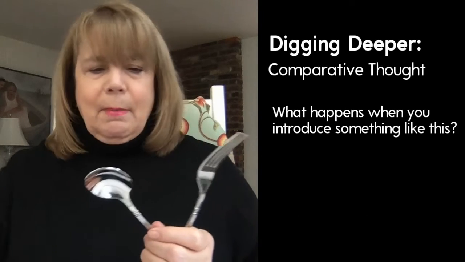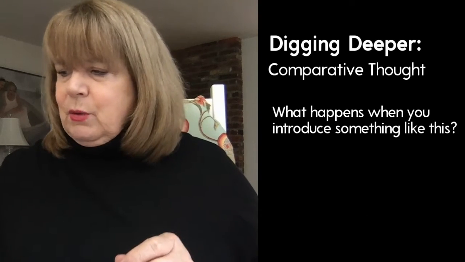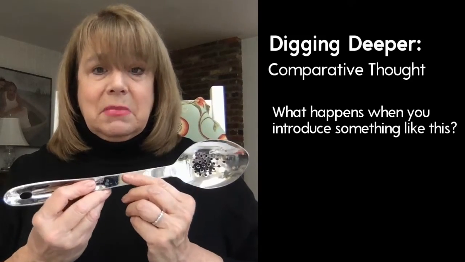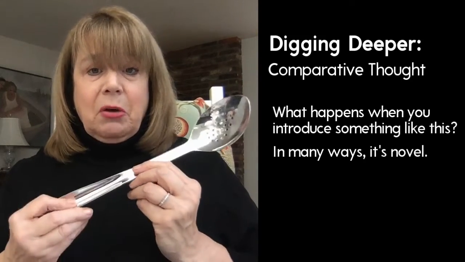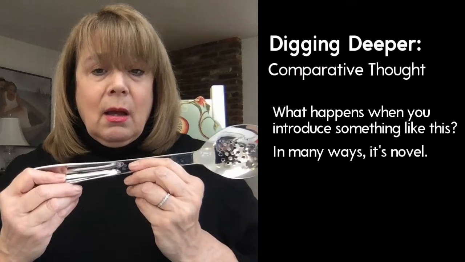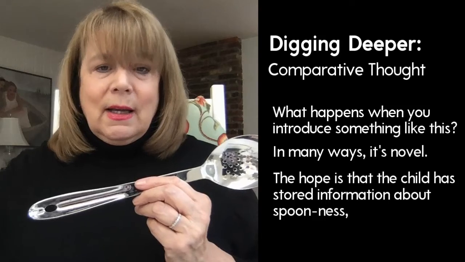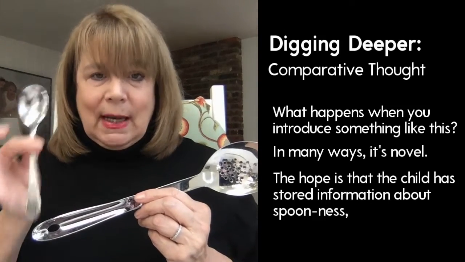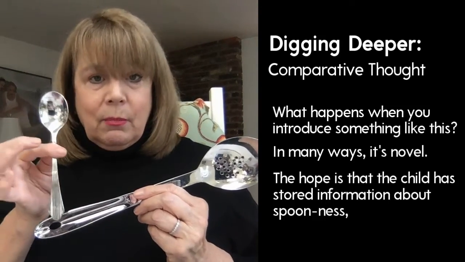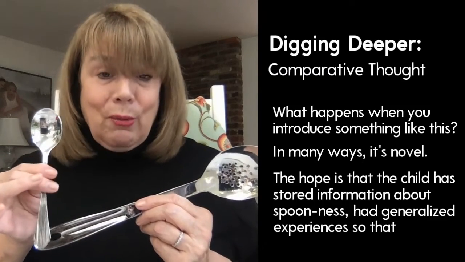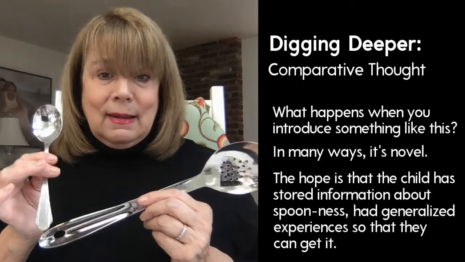Excellent. What happens when you introduce something like this? It's in many ways novel. The hope is that the child has stored information about spoonness, had generalized experiences so that no matter what kind of spoon we show them, they can get it.